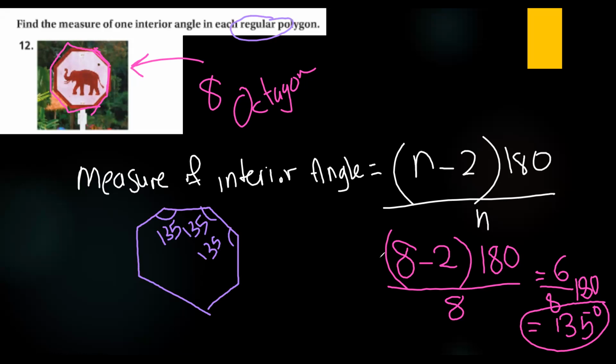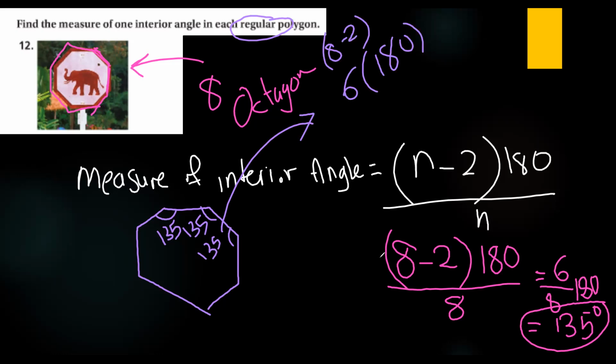If you add them, you will find that the summation of the angles will be 6 times 180, which is 8 minus 2 times 180. Is it clear? Yes, teacher. Okay, let's take another example.